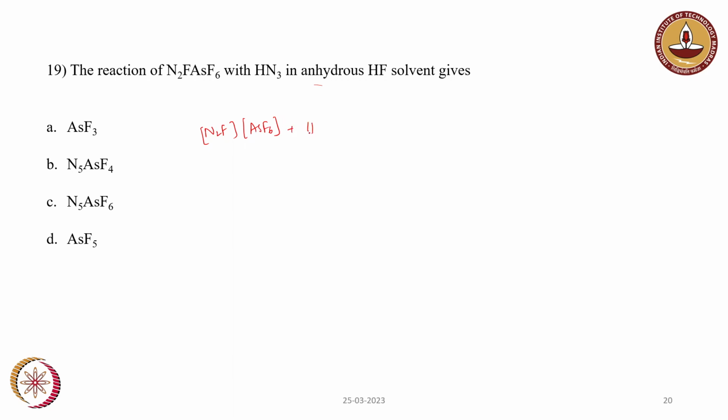Plus HN3 will give N5AsF6 plus HF. So the answer is option C.